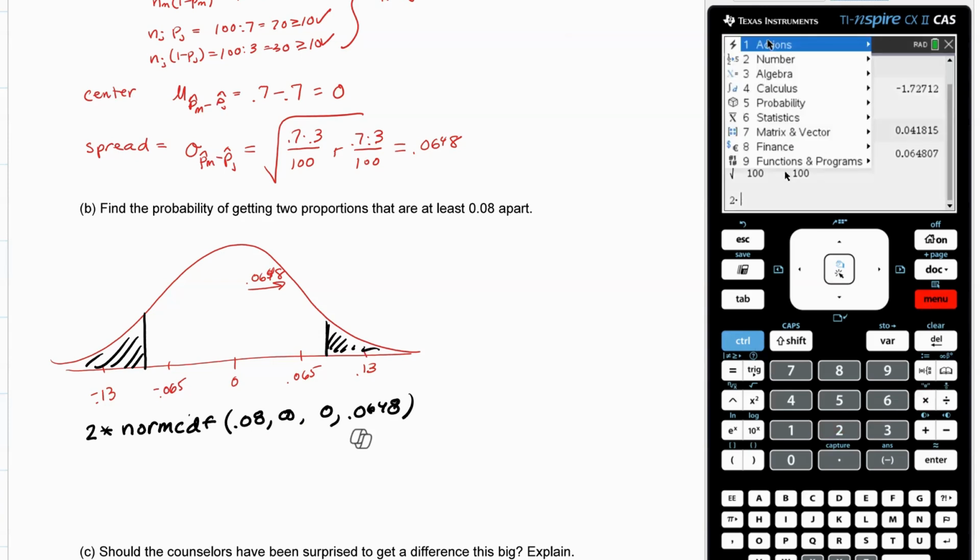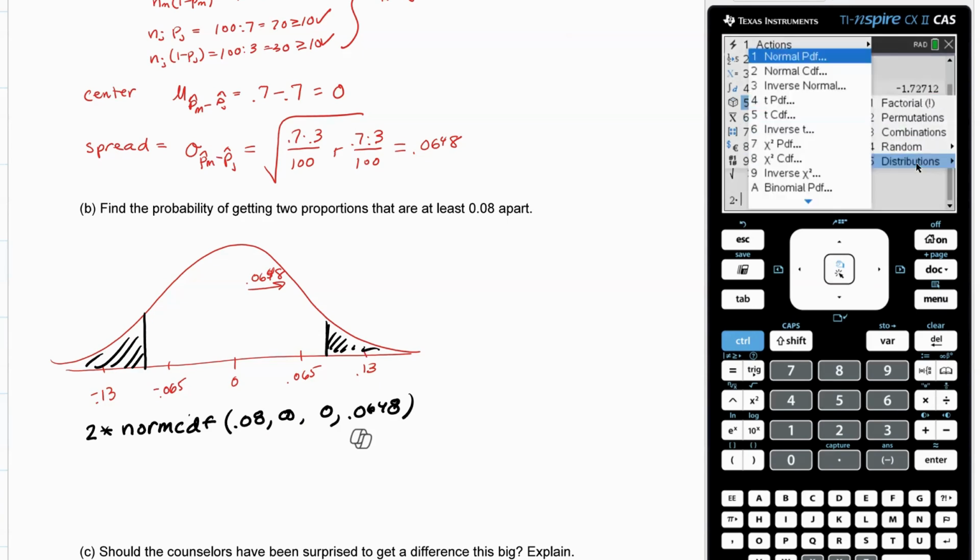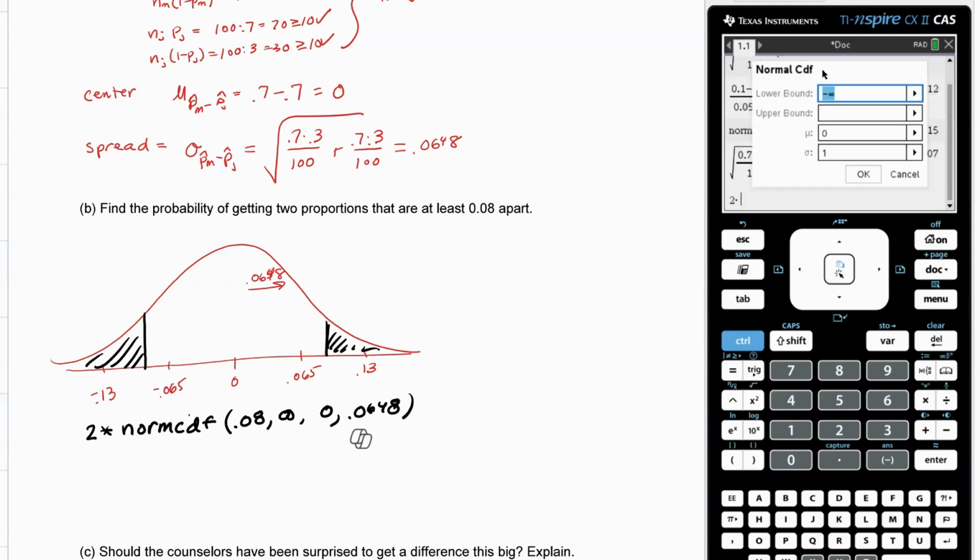menu, probability distributions, norm CDF, and I'm going to go 0.08, and my upper bound is infinity, so I'll hit that infinity button, and our mean is 0, and our standard deviation is 0.0648.